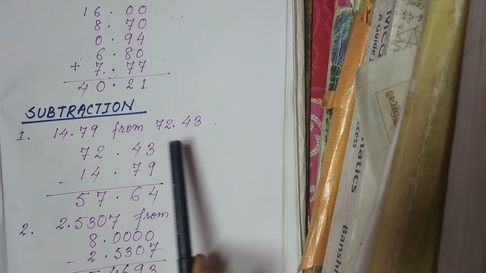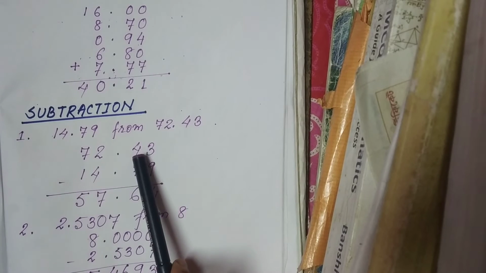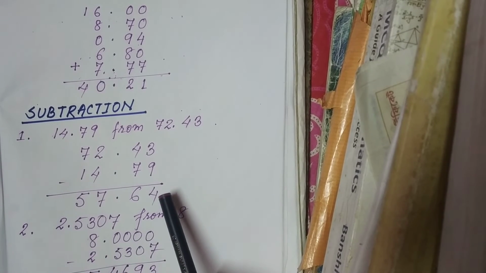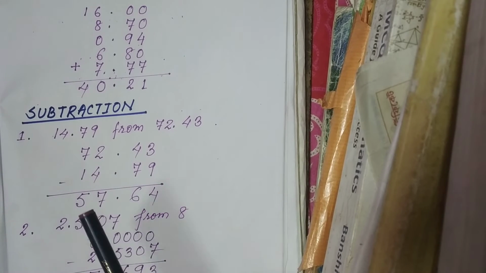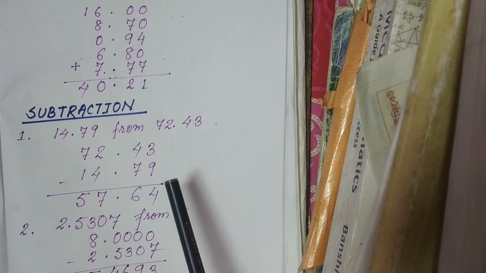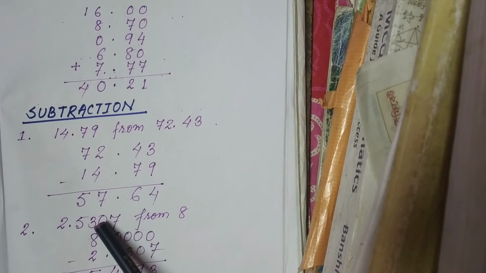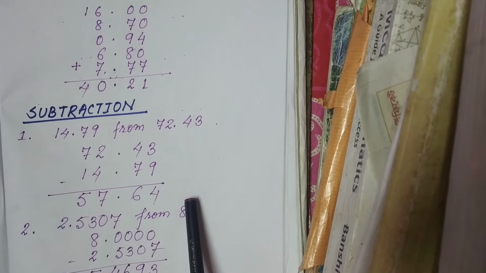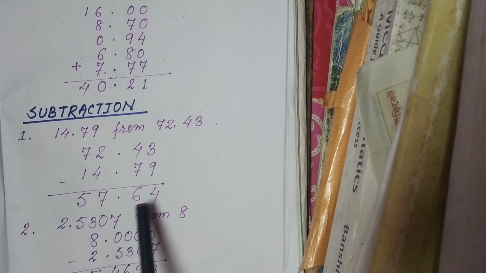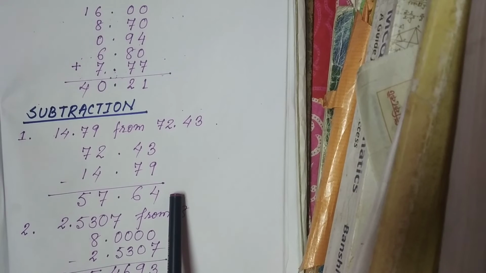Then I have subtracted 14.79 from the number. It is nothing but the same as we do in the subtraction of normal numbers. That means we have to take carry 1 and proceed in the same way. So after subtraction you get 57.64. This will be the result.